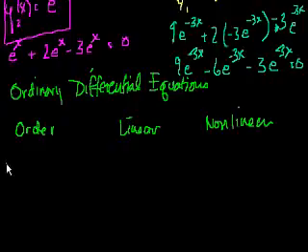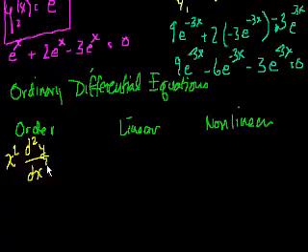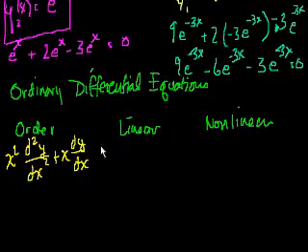So let me write down one, and I'm getting this from my college differential equations book. x squared times the second derivative of y with respect to x, plus x times the first derivative of y with respect to x, plus 2y is equal to sine of x.